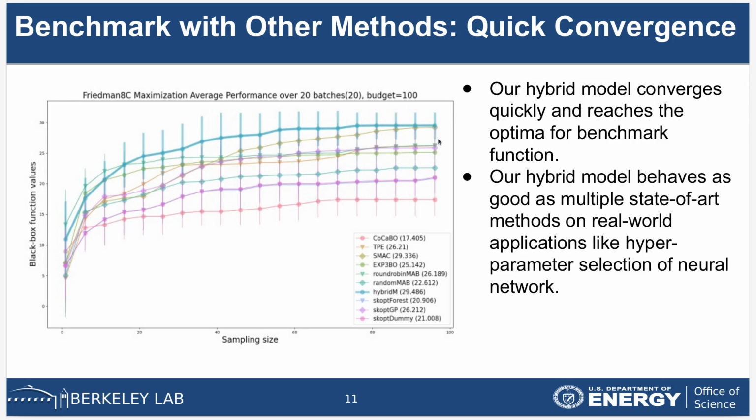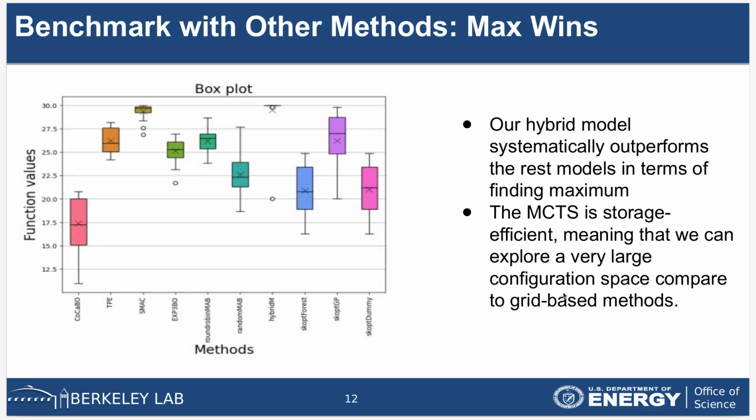And it beats a lot of state-of-the-art methods. Let's also look at the box plot of the final maximums obtained by each of the surrogate model methods. Here is our hybrid model. This box plot shows that our hybrid model systematically outperforms the rest of the models, with one outlier.